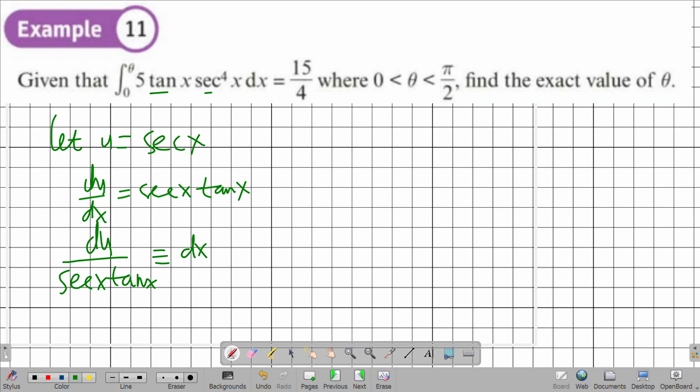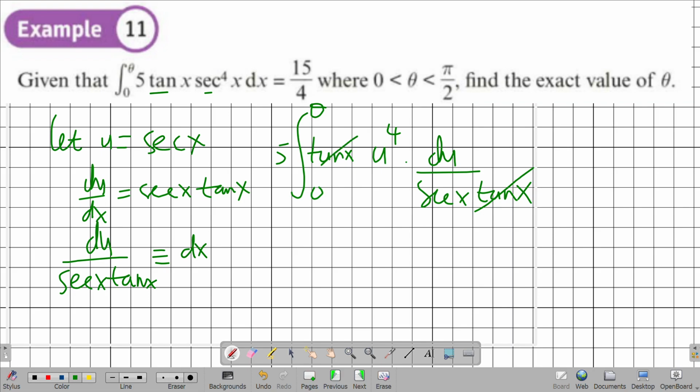Substituting that gives us the integral from 0 to theta. I always prefer to put the 5 outside and have tan x here, and then I have u to the power of 3, then I have du over sec x tan x, and this tan and this tan cancel.